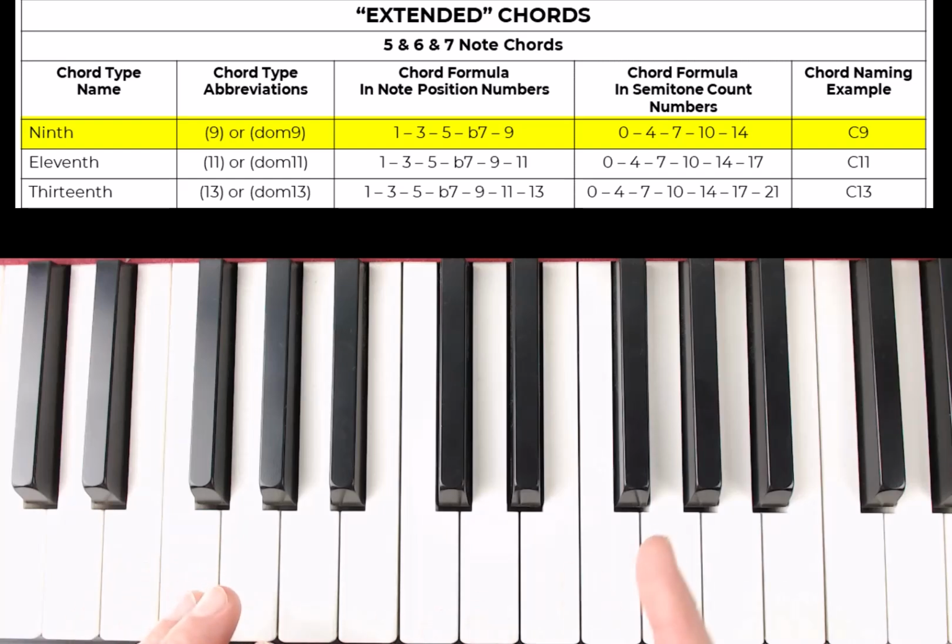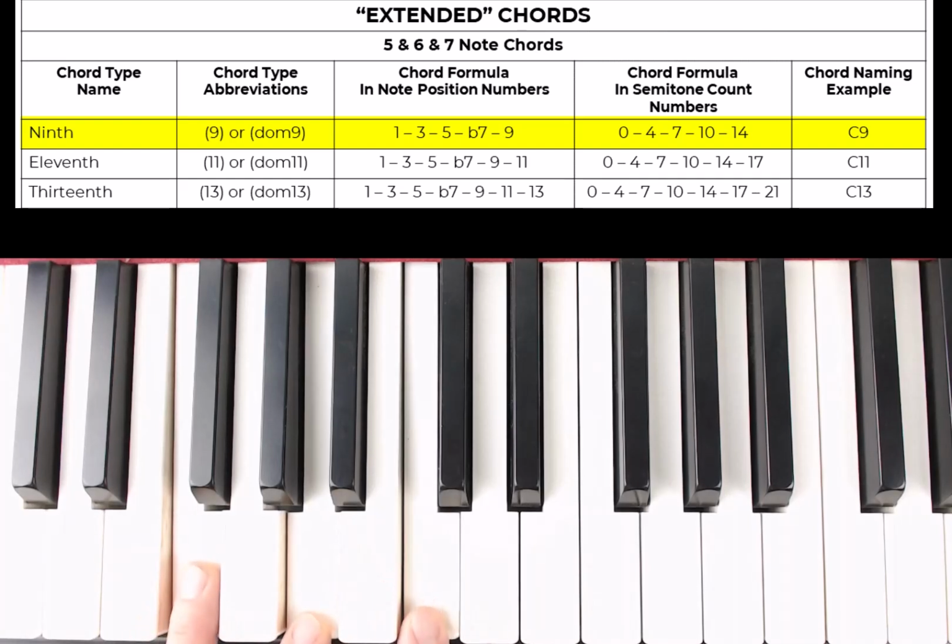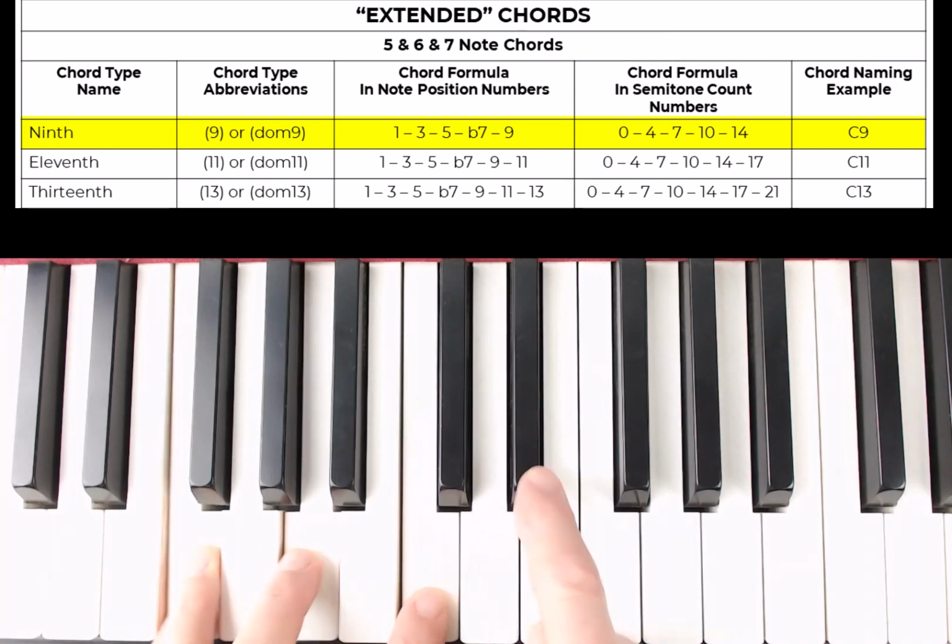Let's use an F ninth chord. I'll show you an F ninth chord. So if this is 0, 1, 2, 3, 4, 5, 6, 7, the triad begins with just an F major chord. And then we're going to add the 10th note. So if that's 7, 8, 9, 10.